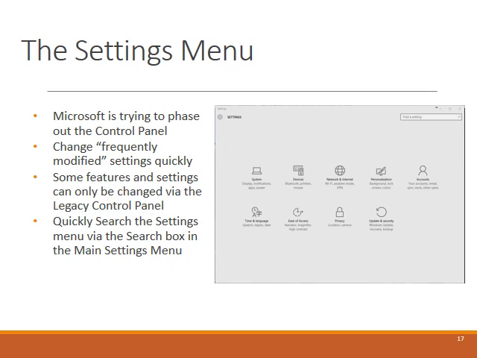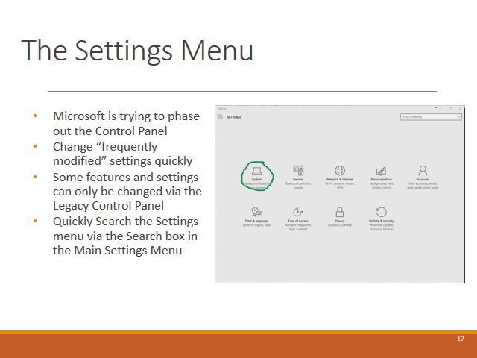Right now, though, it's set up to change your frequently modified settings. For example, you can use the system button here to change the resolution of your PC or to change what applications open what types of documents. Some features and settings, though, since we're in a transition period, can only be changed via the legacy control panel.